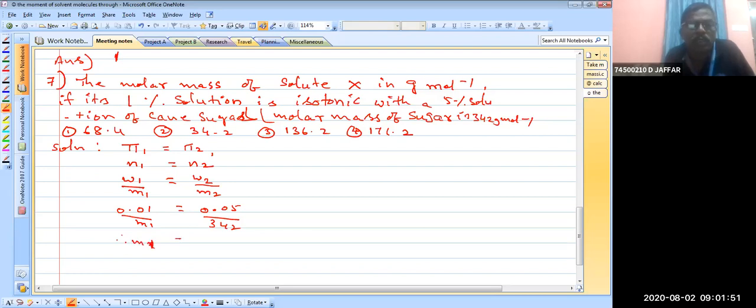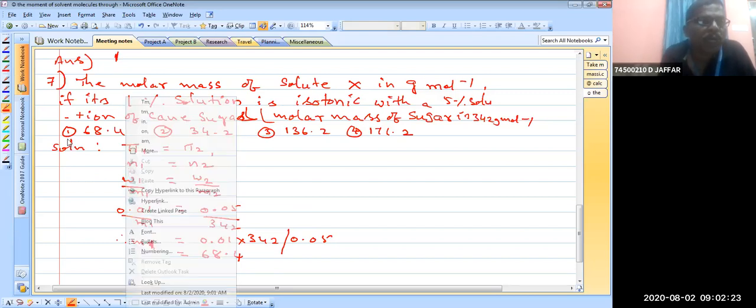Therefore M1 is equal to 0.01 into 342 divided by 0.05, right? So this is equal to 68.4, right? Here our answer is option 1.